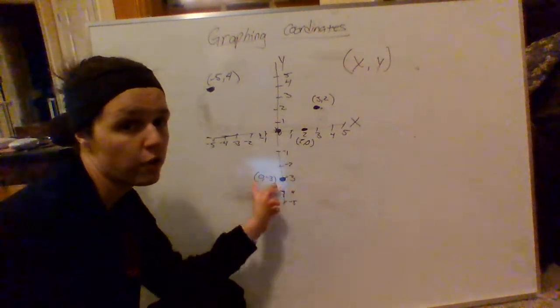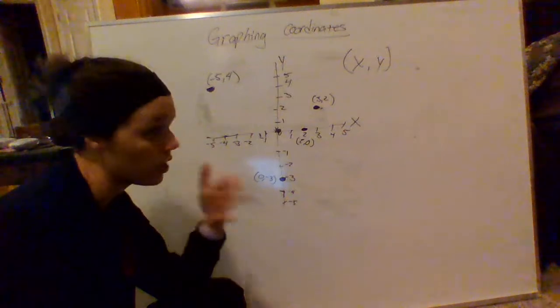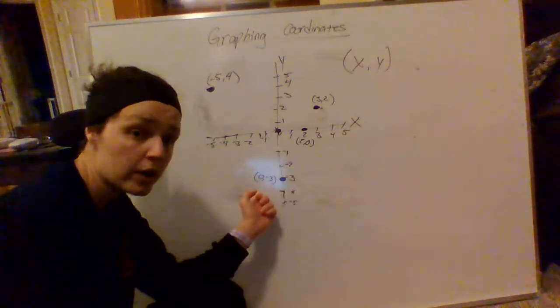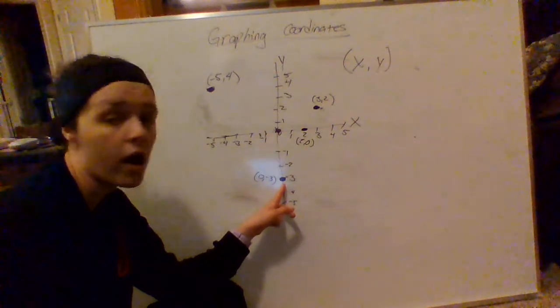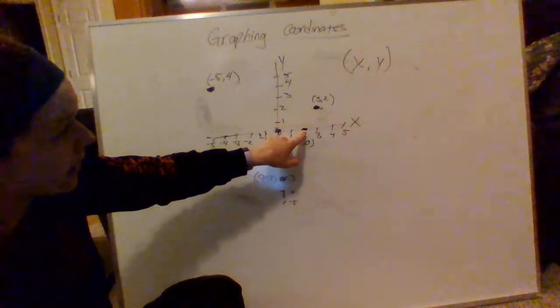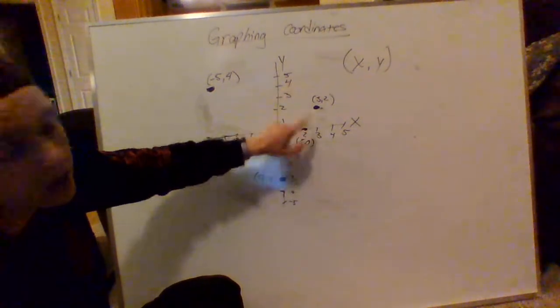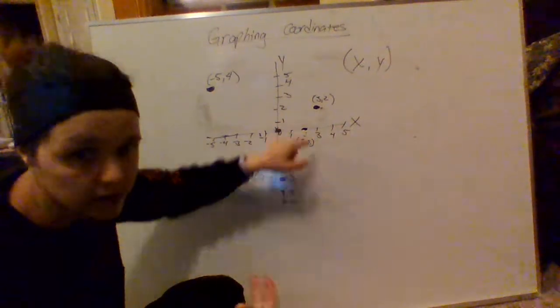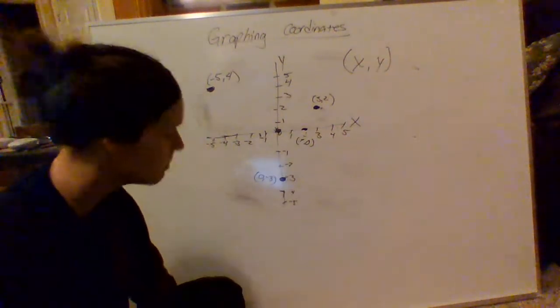You can't say it's in 3 and 4. It's not both. So it's technically in no quadrant. What we say is it's on the y-axis. Same with this one. This one can't be in quadrant 1 and 4 at the same time. It's on the x-axis. So that would be the answer to that.